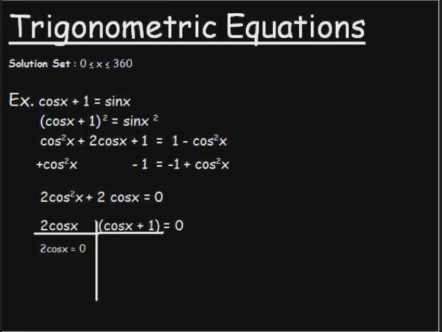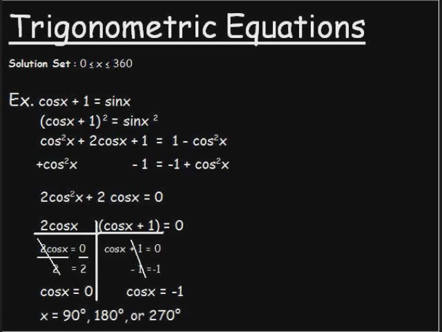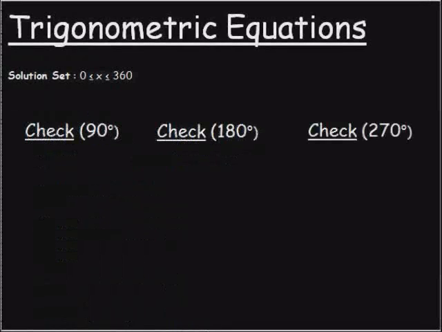And then you would factor this and get 2 cosine x equals 0 and cosine x plus 1 equals 0. So cosine x equals 0, and then cosine x plus 1 equals 0. So then you subtract 1 on both sides and get that cosine x equals negative 1. Now the answers are 90 degrees, 180 degrees, or 270.